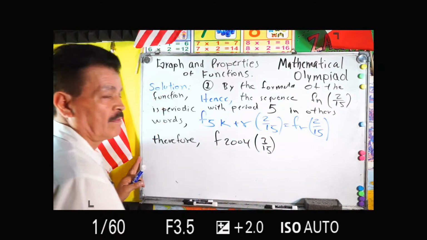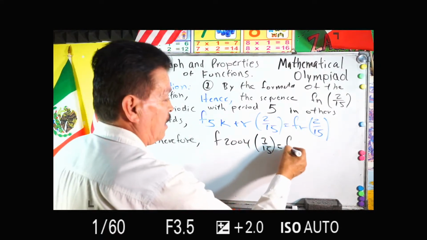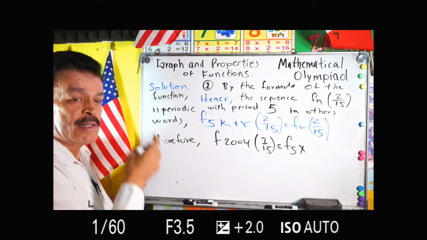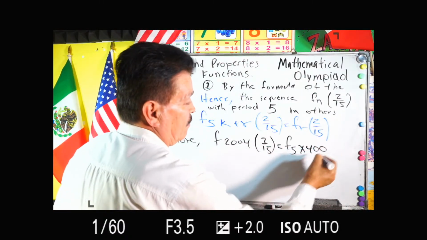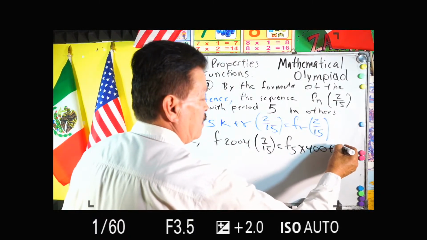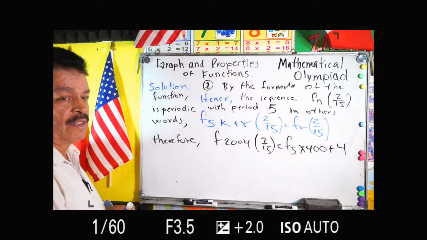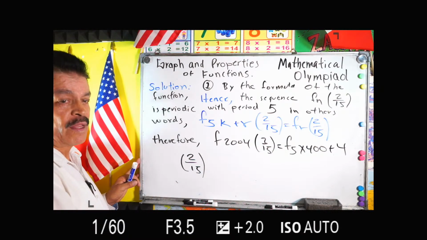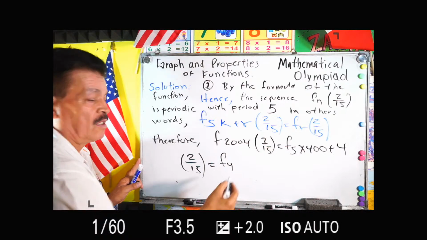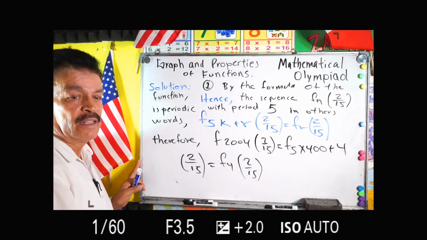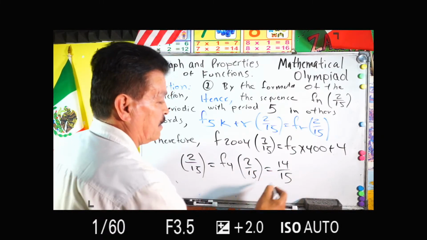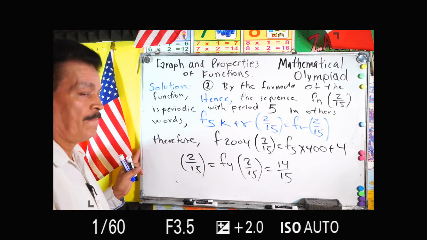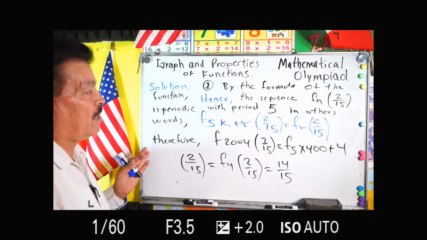It equals f_(5 times 400 plus 4) of 2/15, which equals f_4 of 2/15, which equals 14/15. That's it. That's the answer for the first question.